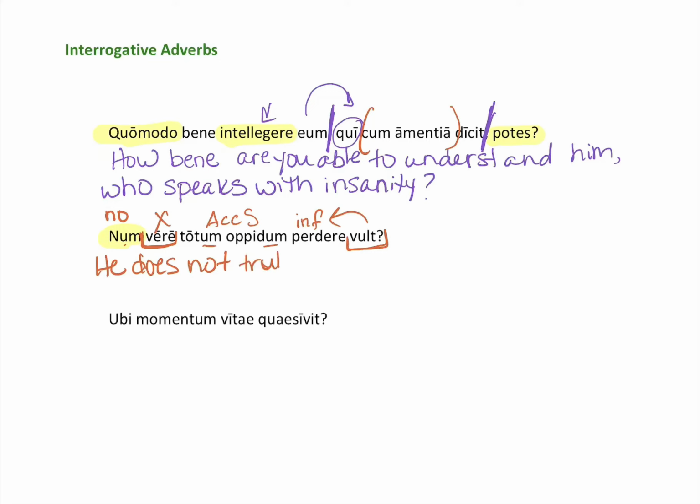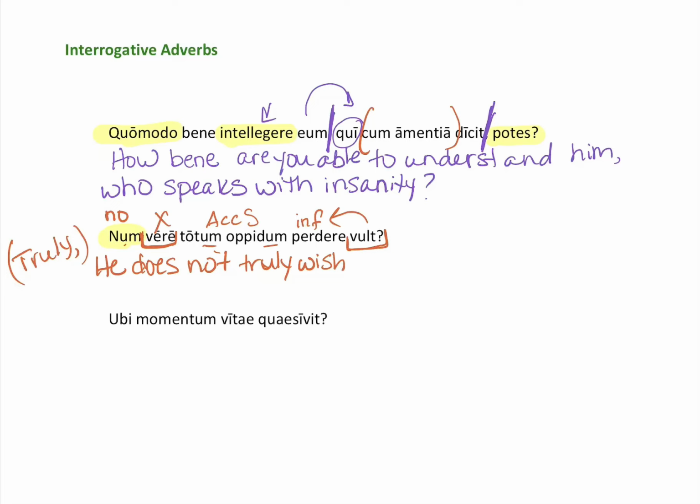He does not truly wish. We could also put truly here, anywhere that it makes sense. Truly, he does not wish. We could also put it next to the verb here, wherever it makes sense. He does not truly wish.